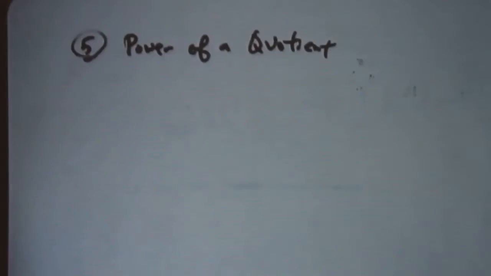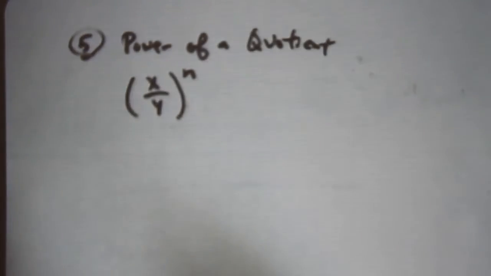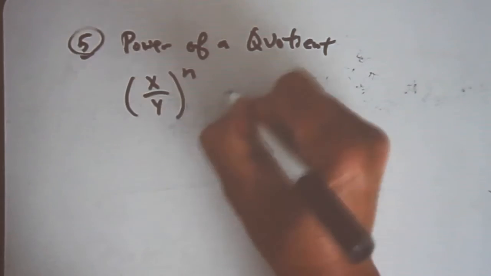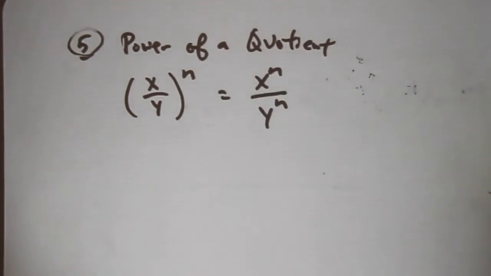The fifth rule that we're going to talk about today is the power of a quotient. So, for example, you have a quotient of x over y, all raised to the nth power. You can raise each of the powers inside the fraction to the power on the outside. So, the top becomes x to the nth, the bottom is y to the nth.